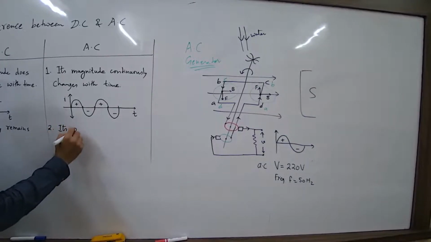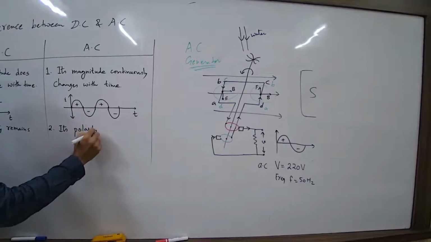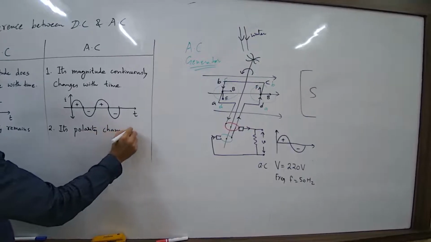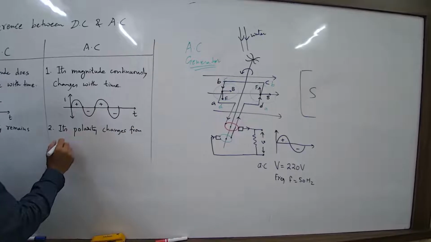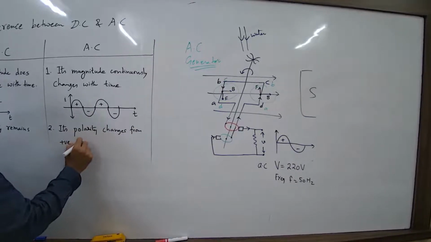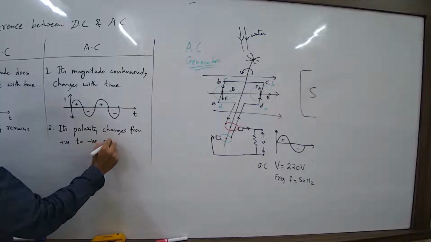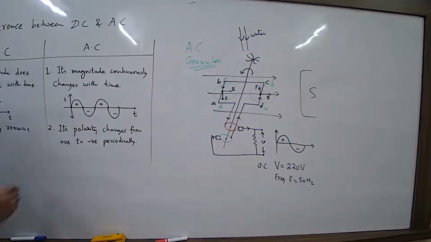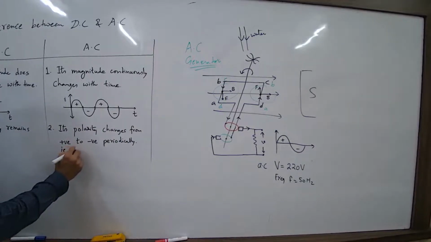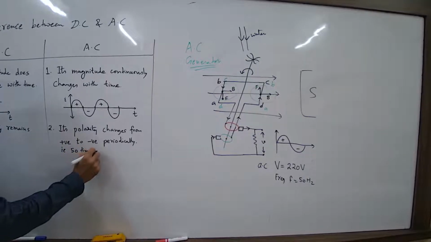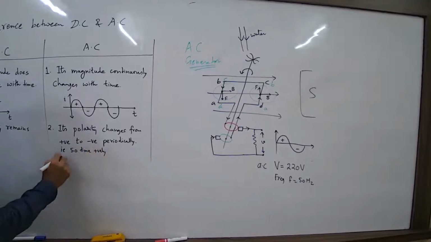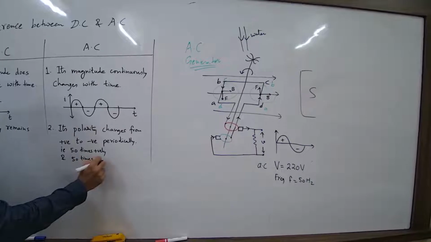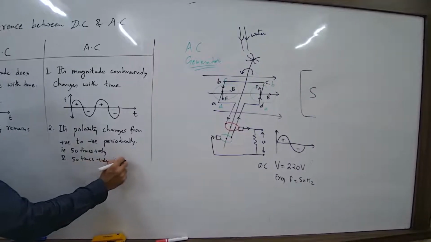So its polarity changes from positive to negative periodically. That is, 50 times positively and 50 times negatively in 1 second.